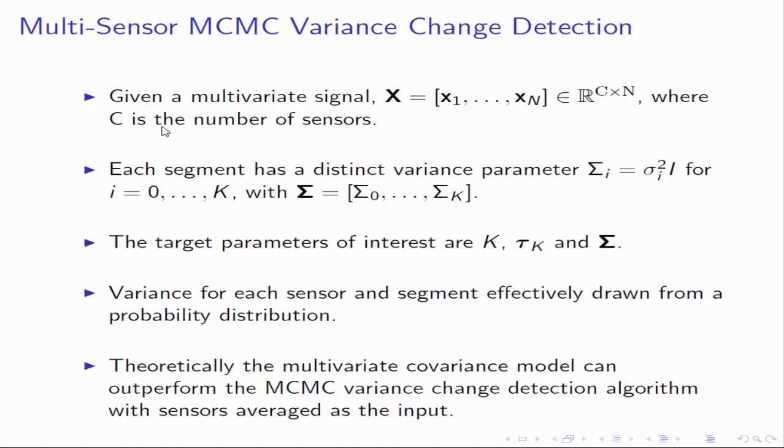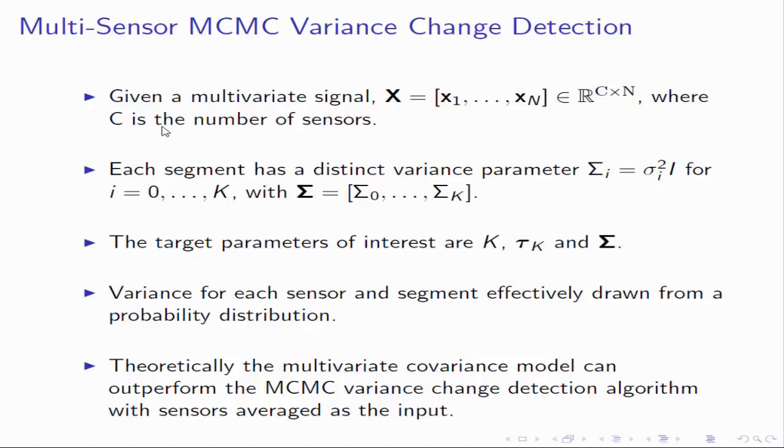Now, the multivariate extension of the Markov chain Monte Carlo variance change detection algorithm first considers a matrix of data points where the rows correspond to the number of sensors, and in this case we have C sensors, and the columns correspond to the number of data points, N. In order to understand why the multivariate approach improves upon the single sensor, or univariate, approach, we estimate the covariance, but we assume for each segment the variance for each sensor is the same.